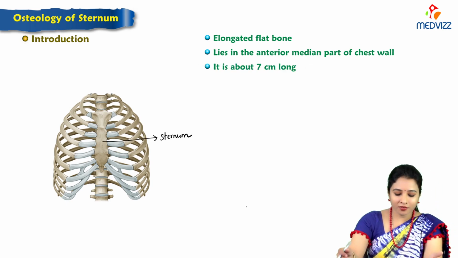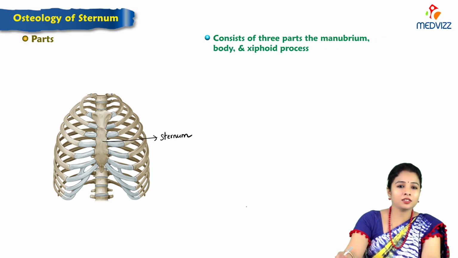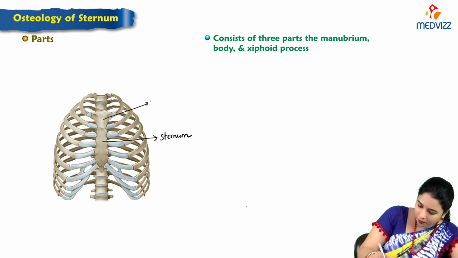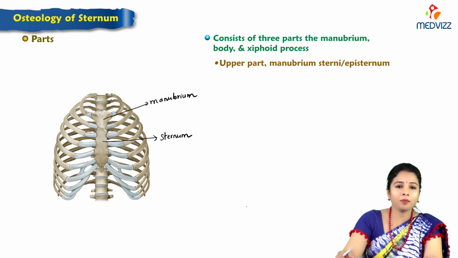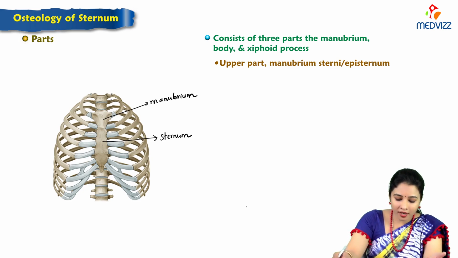So sternum, if we see its length, it is approximately around 7 centimeters. The sternum is a flat bone consisting of 3 parts: manubrium, the upper part, which is like the handle of a sword. The sternum appears to be a sword-like bone, where the handle is formed by the manubrium.